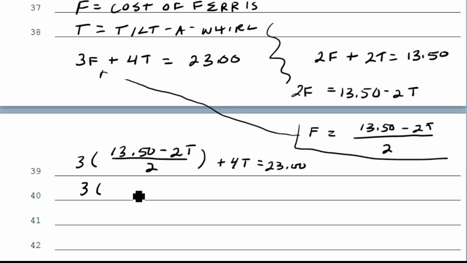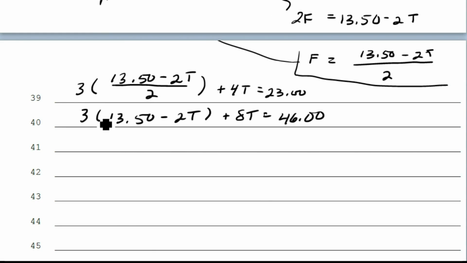So then you have 3 times 13.50 minus 2T plus 8T equals $46. 3 times 13.50 is $40.50, minus 6T plus 8T equals $46.